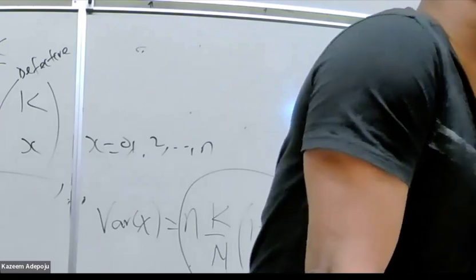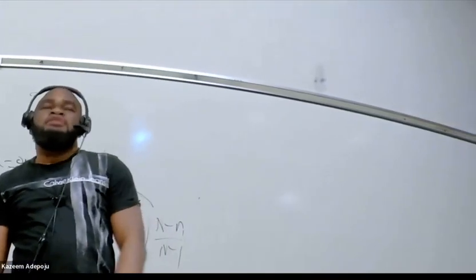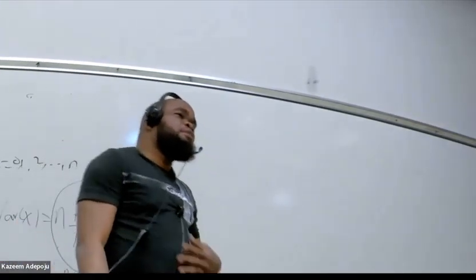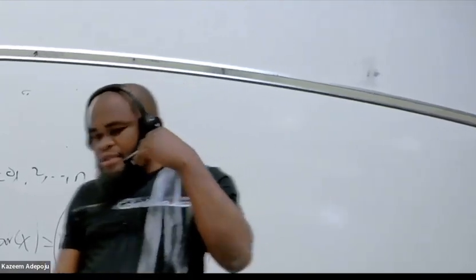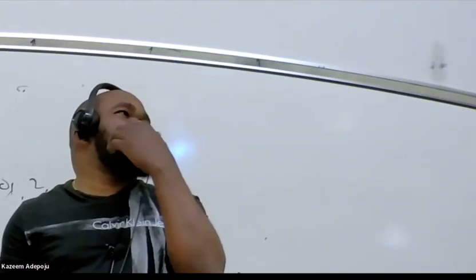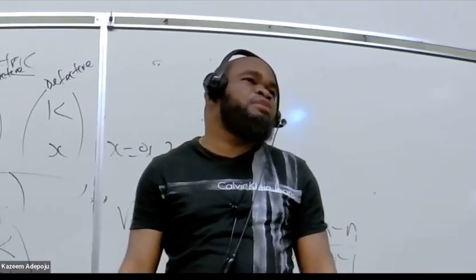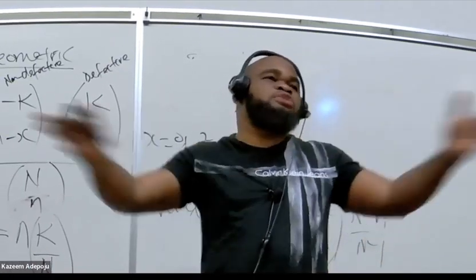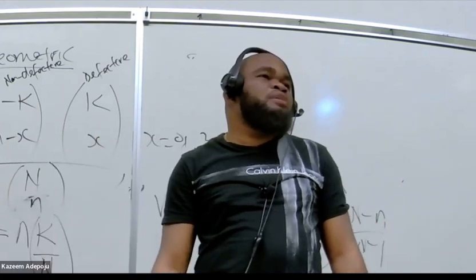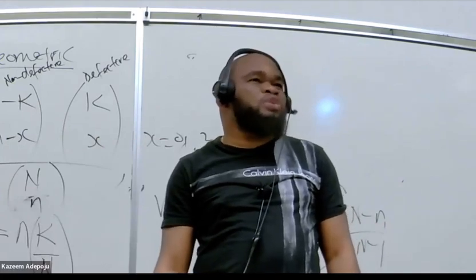You need to know how to derive it when you talk about discrete distributions. The only ones that I told you that you don't need to worry about are the T distribution and F distribution, because the proof is going to take so long. This course is also going to be theoretical.